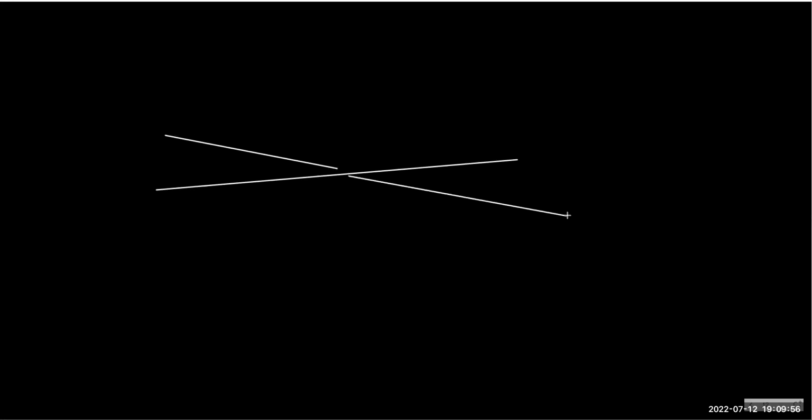So now what if we have two wires, and now these are infinitely long wires. And this angle is theta.